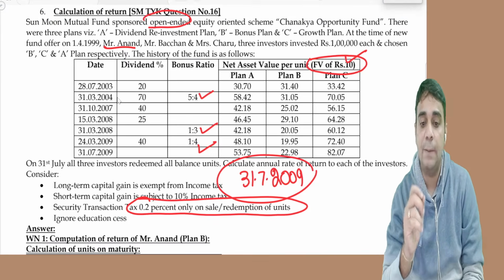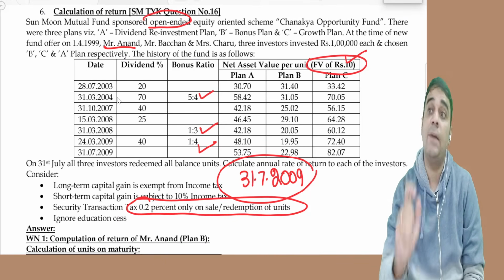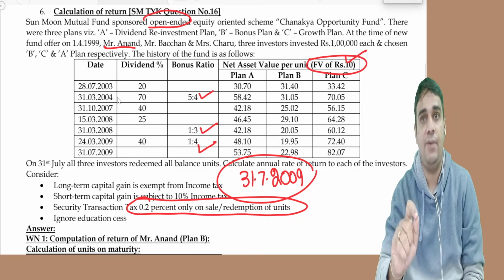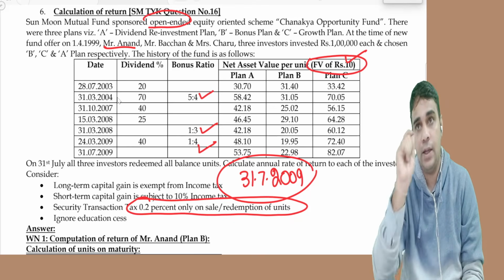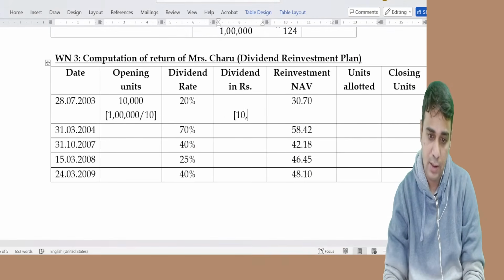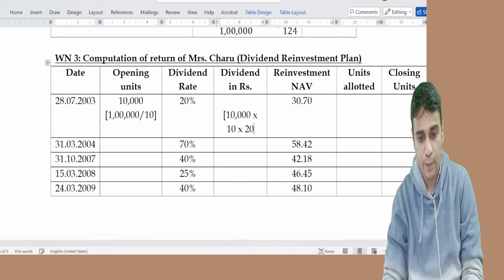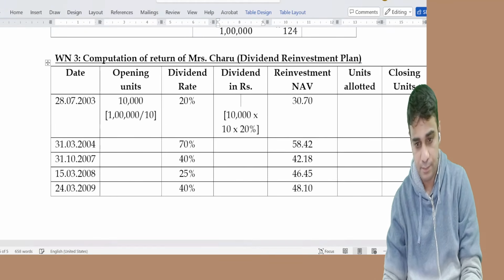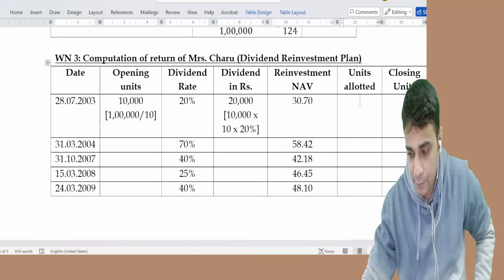Dividend rate is multiplied with face value, whereas dividend yield is multiplied with your NAV, basically the real price there. Now write 10,000, what is the face value, into 20%, which is 20,000.